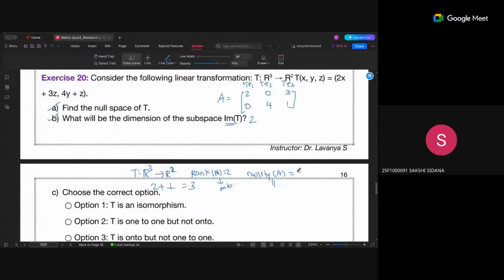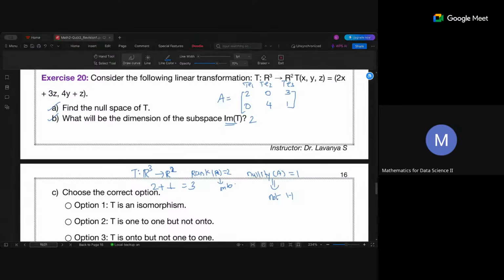Ma'am, just one thing. If the dimension of the subspace image T is defined as rank, can you tell about the nullity? I forgot the definition in this way. From rank-nullity only I can say. So if you know the rank, because of this condition here, I'm using rank to get the nullity.